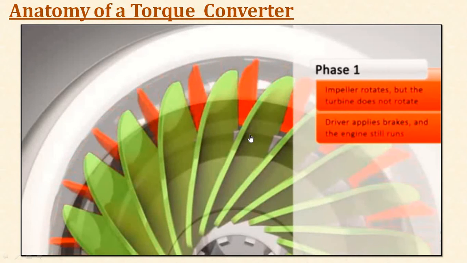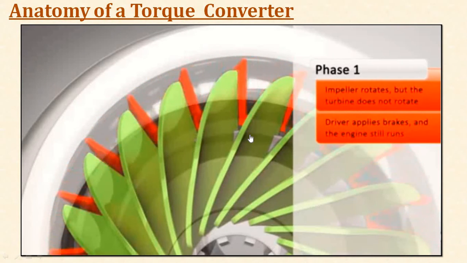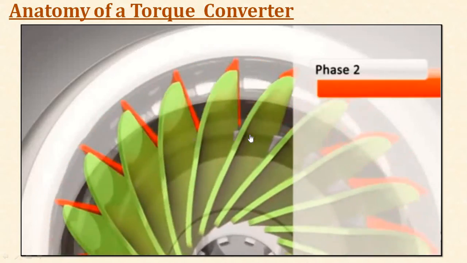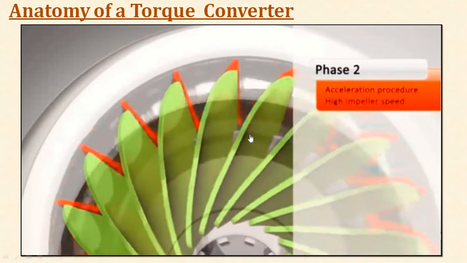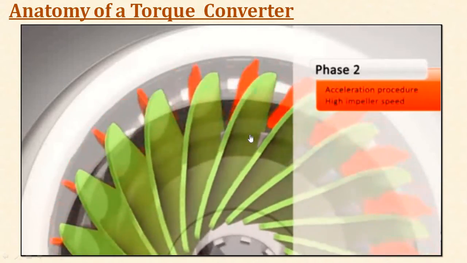It applies the brake while the engine still runs, in which the torque converter's torque output variation is continuously done. However, the efficiency of the torque converter is high only within a narrow speed limit. The second phase is acceleration, which produces high impeller speed.